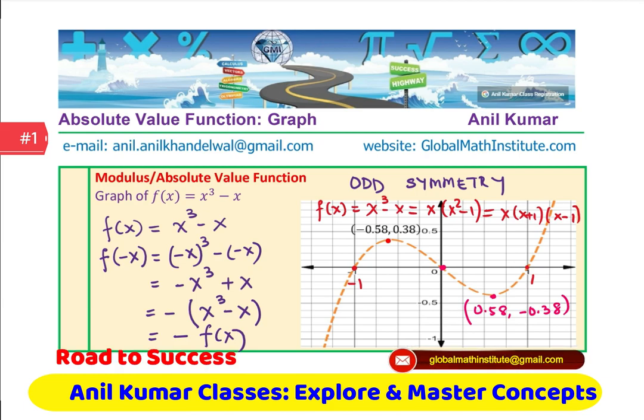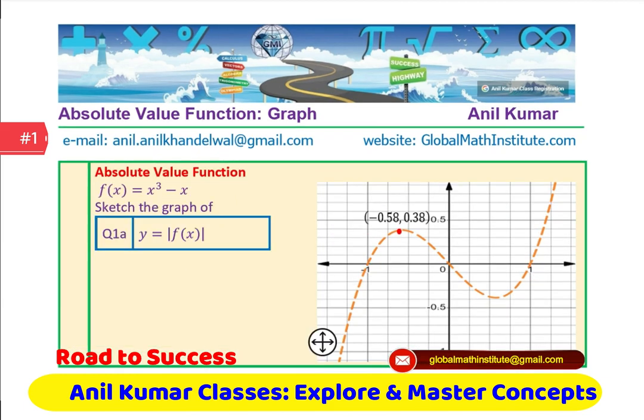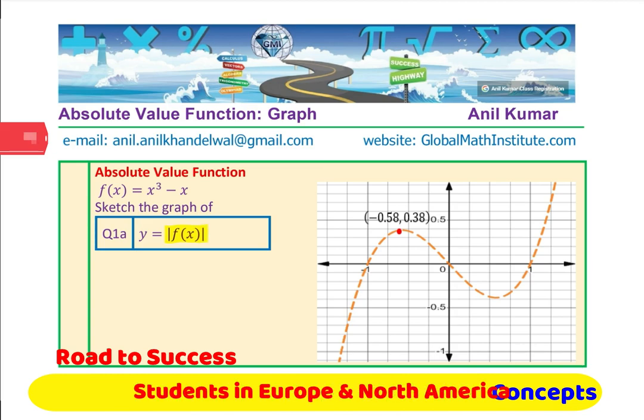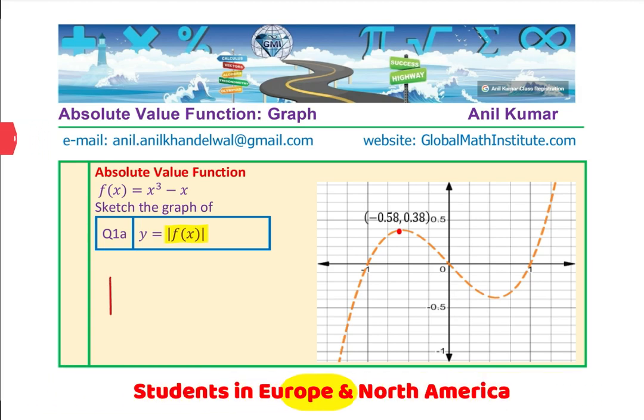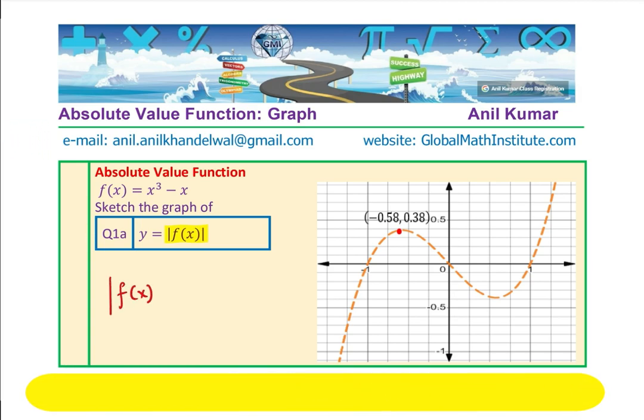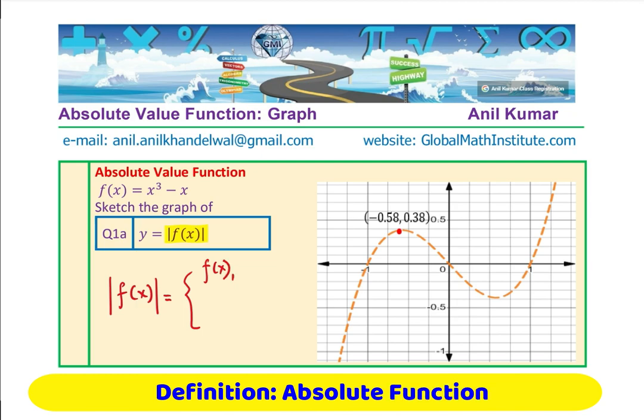Perfect. Now let's look into the major question, which is how do we sketch the graph of the absolute value of this function? Absolute value means what? If I'm saying absolute value of the function, it is defined as the function itself if the y value is greater than or equal to 0, that is, f of x is greater than or equal to 0.